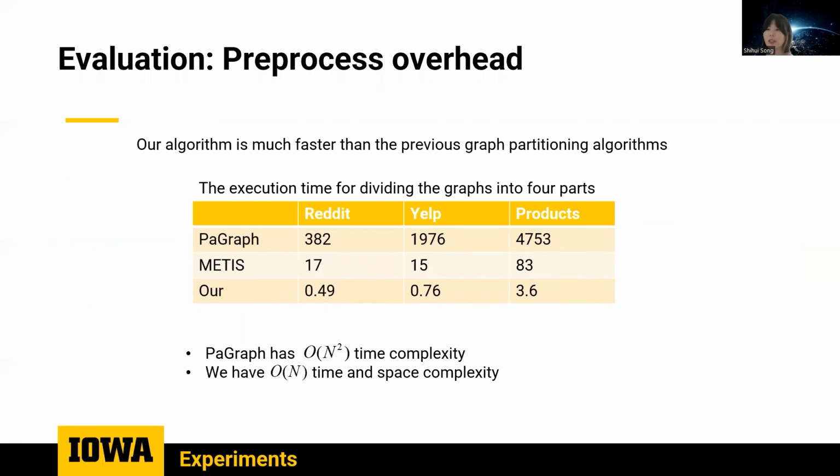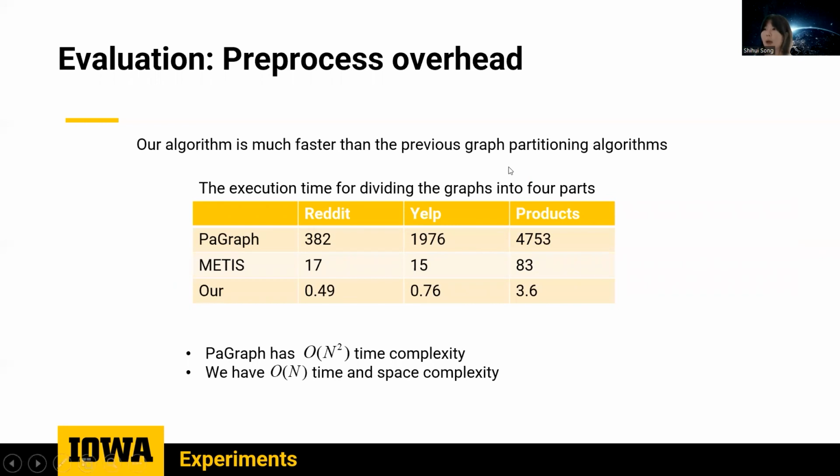Besides reducing data loading time, another advantage of our technique is that our algorithm is much faster than the previous graph partitioning algorithms. This table shows the execution time for dividing the graph into 4 parts on 3 datasets.